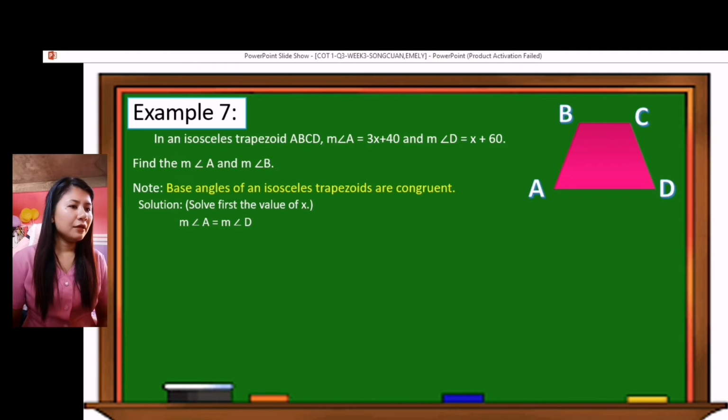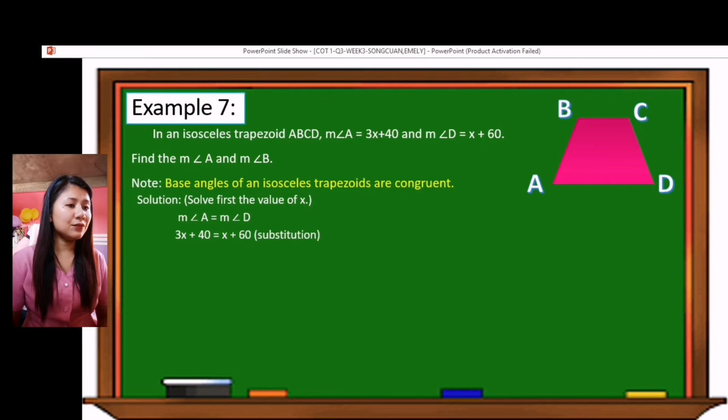So we have the base angles, the measure of angle A is equal to the measure of angle D. Then, let us substitute the value of its angles. So the measure of angle A is 3x plus 40 and the measure of angle D is x plus 60.